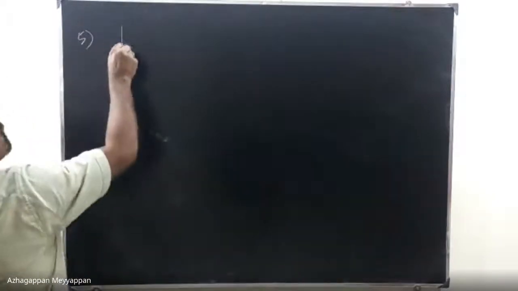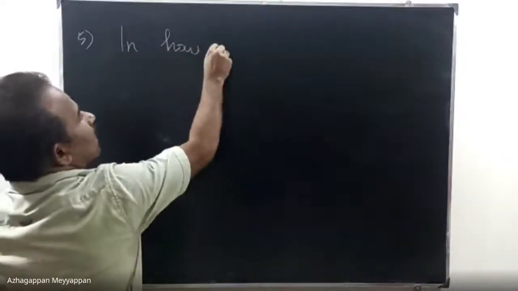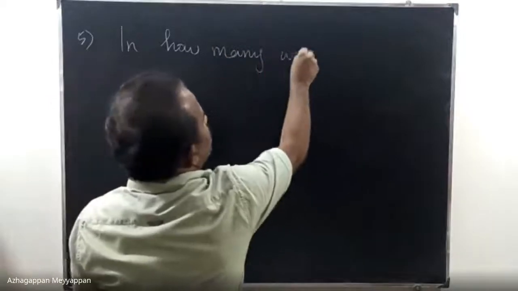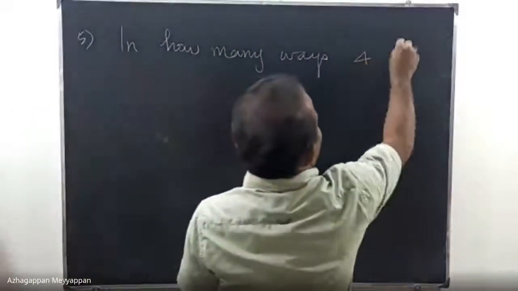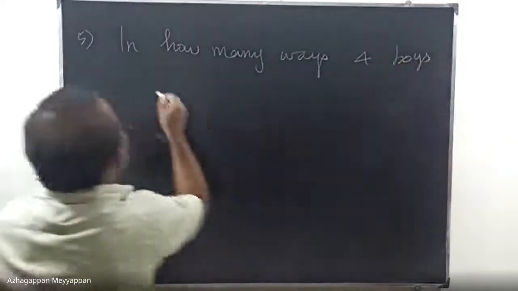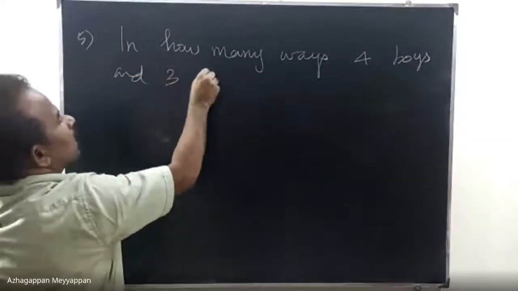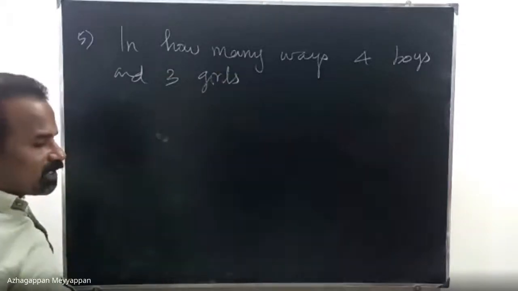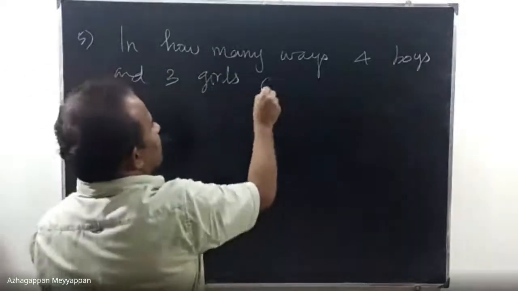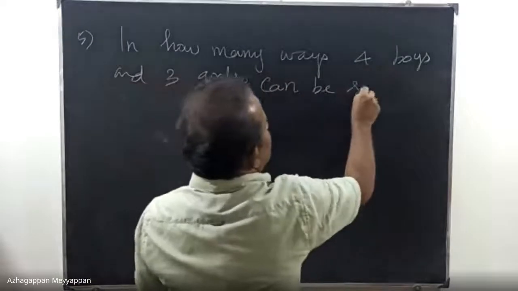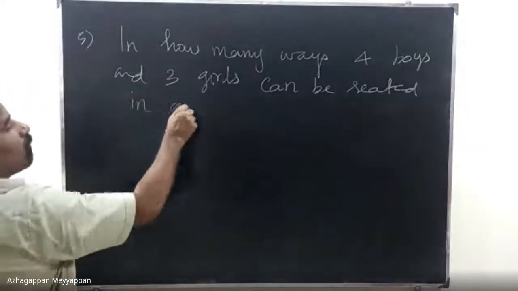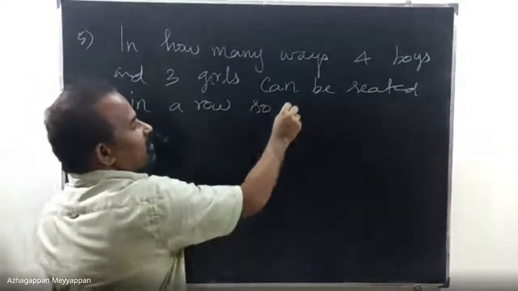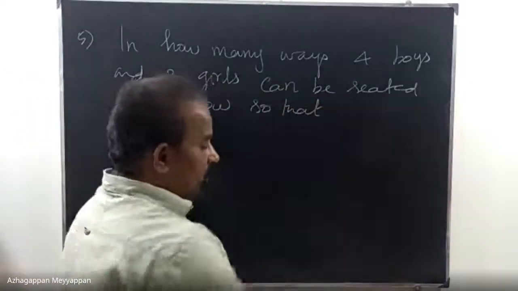The next question is, in how many ways can four boys and three girls be seated in a row so that they are alternate.